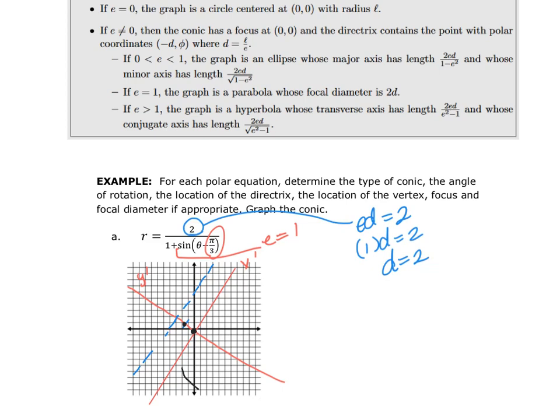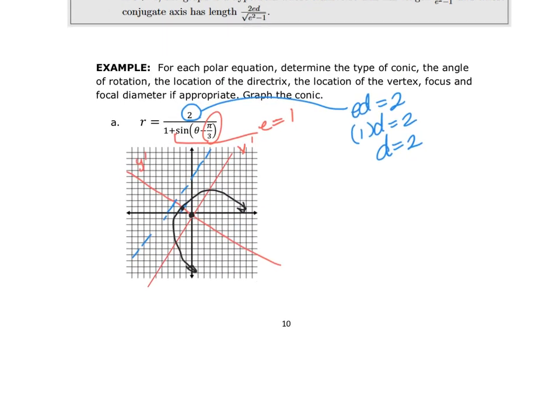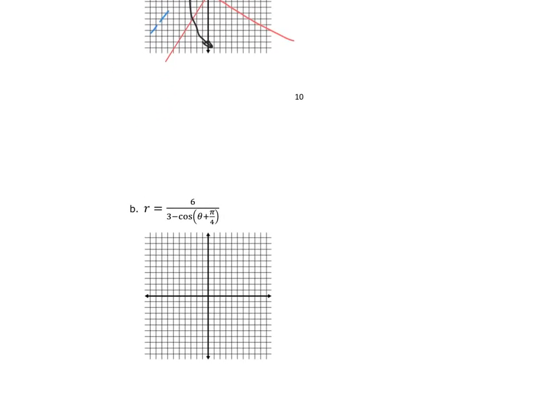So I'm going to have some kind of parabolic shape that looks like that, although I'm sure yours is going to be drawn so much better than mine. And then there's one more example here where I am looking with a rotated axis. I know it's a rotated axis because of this. So I'm going to let you all try this one, and so that's the finishing of 11.6.